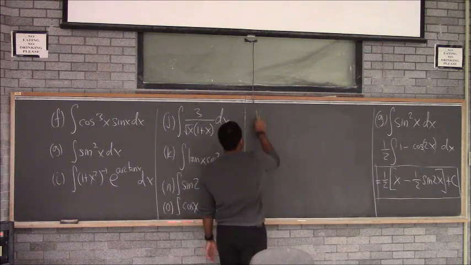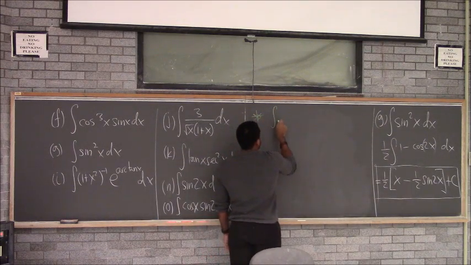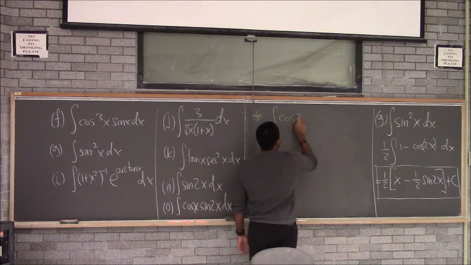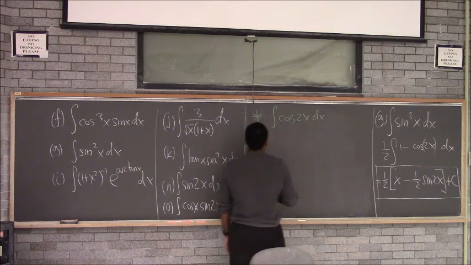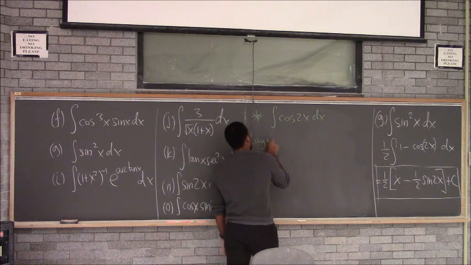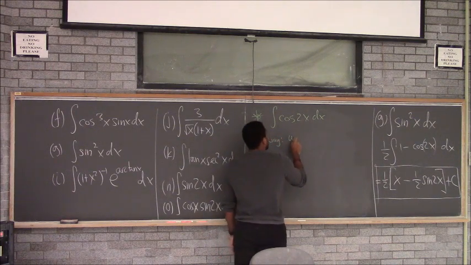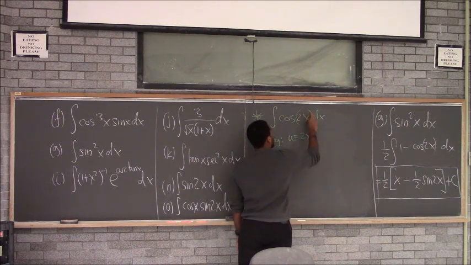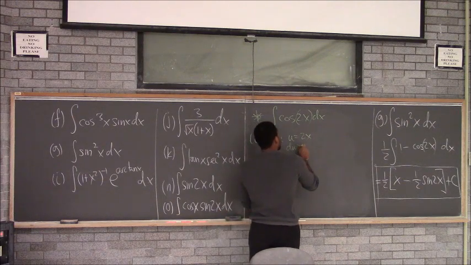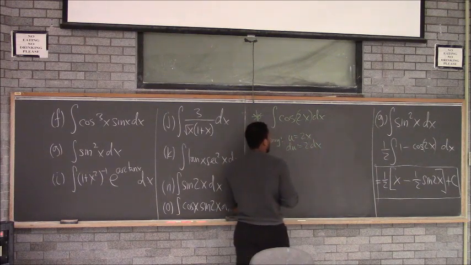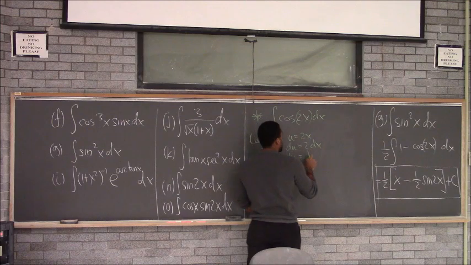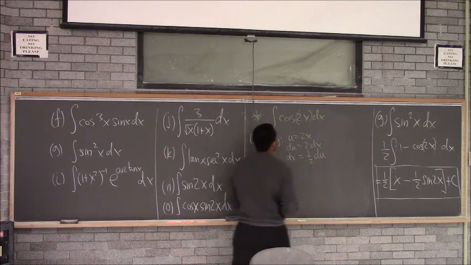So note something like cosine of 2x the long way. Set u equals 2x. Your du would be 2 dx, and so your dx would be 1/2 du, and you can plug this in.